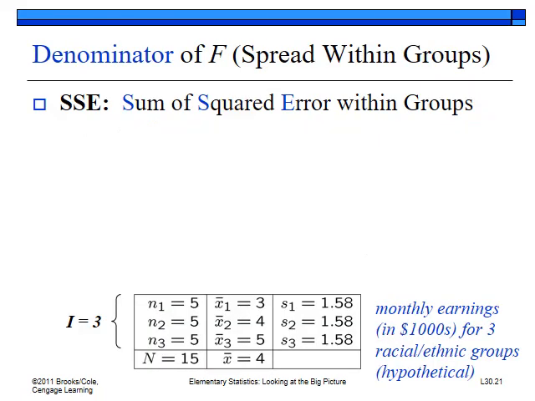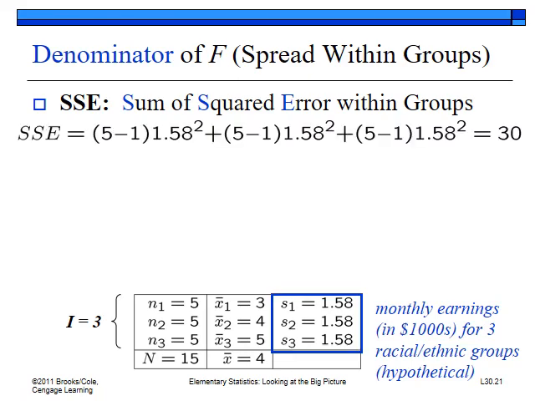Now let's look at the denominator of F. Here we have the same data. Remember, the denominator is a measure of spread within the groups. Here are the components that go into the denominator. First is the SSE, that's the sum of squared error within each group.